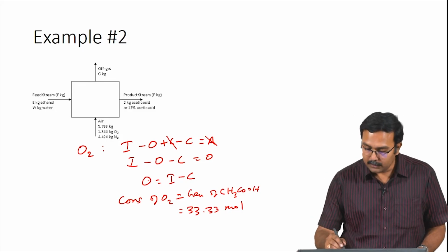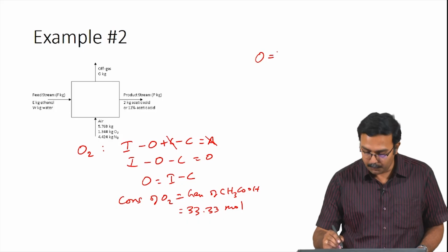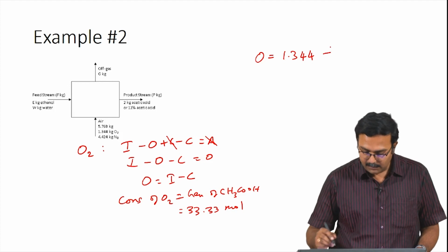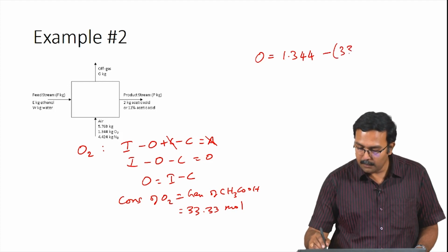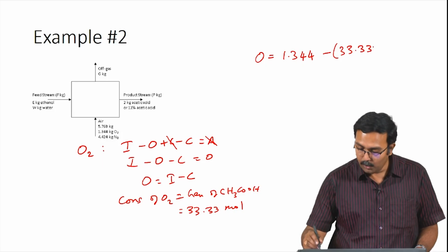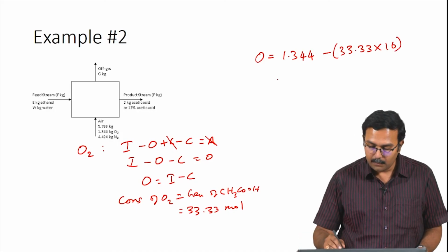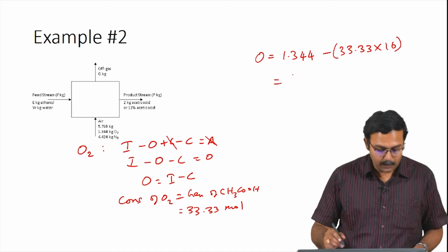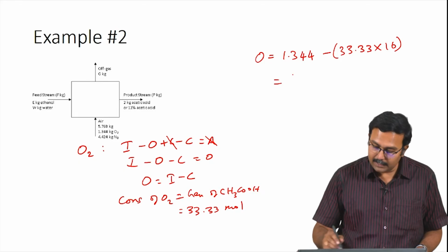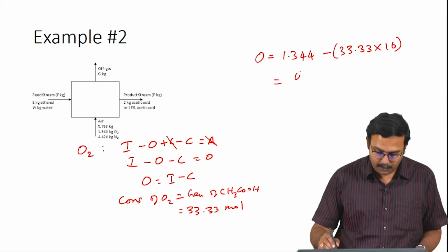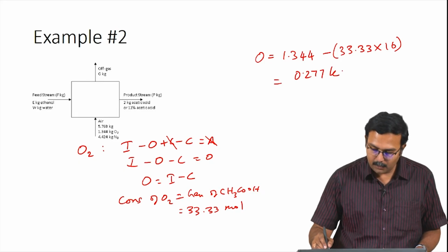So, using this we can calculate the mass of oxygen leaving the system. The mass of oxygen output would be input, which is 1.344 kilograms, minus consumption, which is 33.33 moles. Converting this to mass by multiplying it with the molecular weight of 16, we would end up with the mass of oxygen in the off gas as 0.277 kilograms.